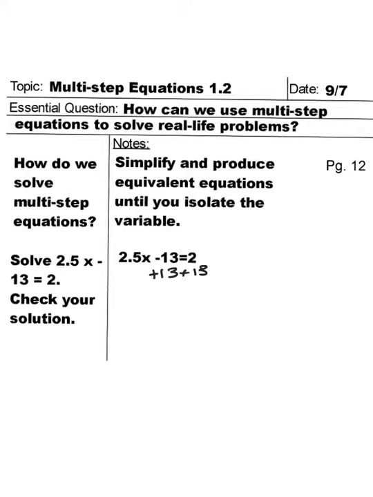And I should really line up the 13 and the 2, but just know that. So 2.5x equals 15. So how do I get rid of that 2.5 in front of the x? Now I divide, and you can use your calculator for this. So you divide by 2.5, and you get x equals 6.